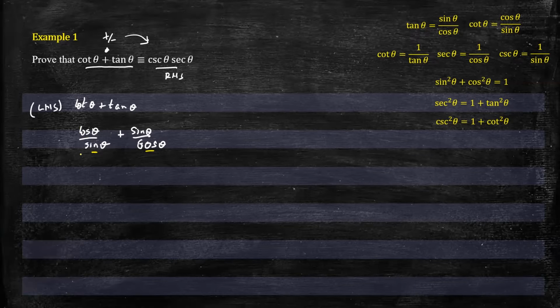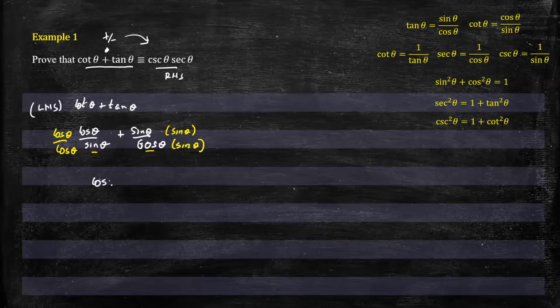We can multiply the left side by cos theta, which is equivalent to multiplying by 1. So your fraction's not going to change. And on the right side, we can multiply that by sine theta, sine theta. So you can see now that we'll have cos theta sine theta as a common denominator.